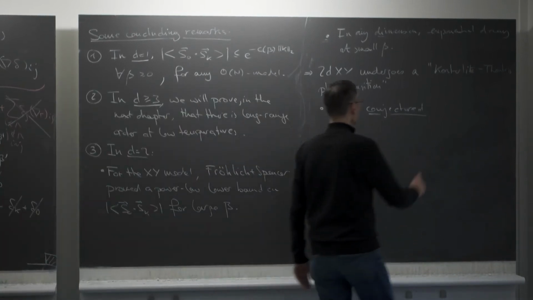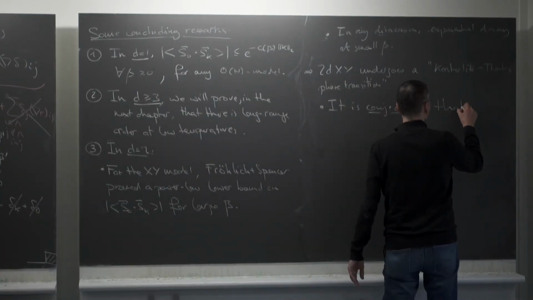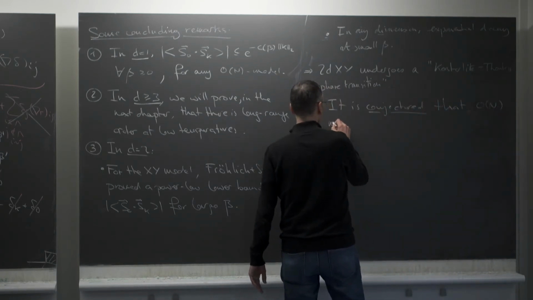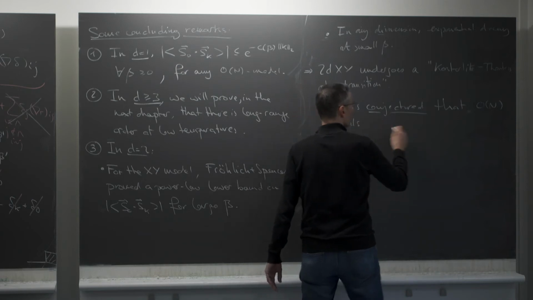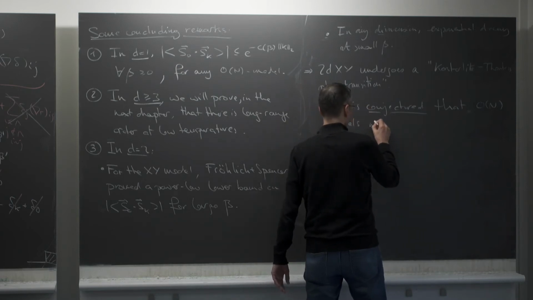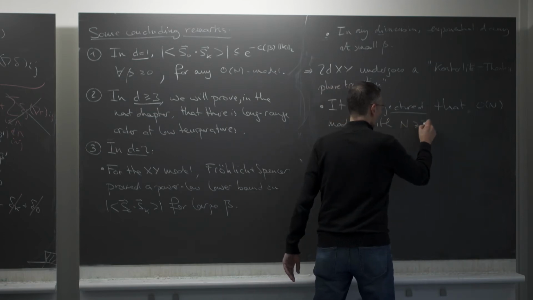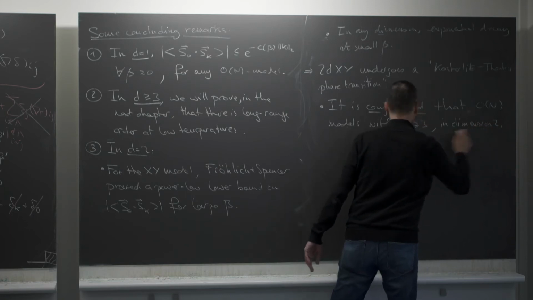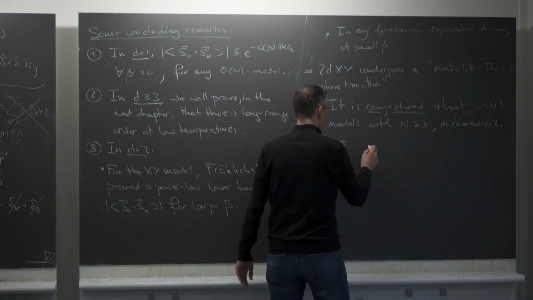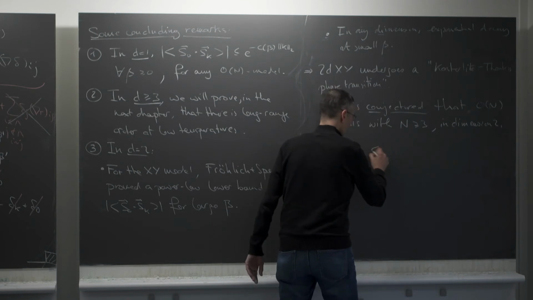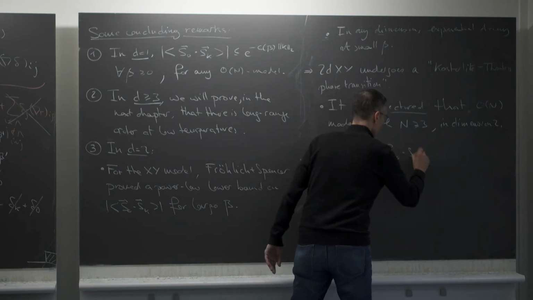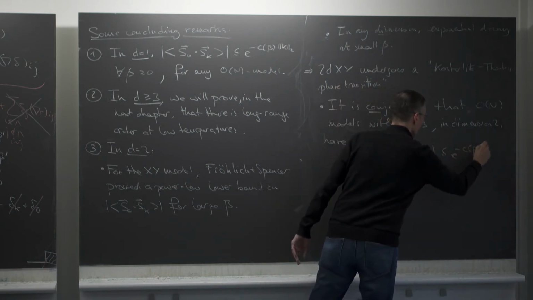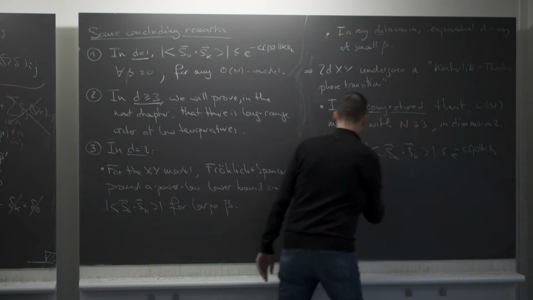So it is conjectured that O(n) models, say in 2 dimensions, so with n greater or equal to 3 in dimension 2, have, okay, let me just write it like that, the correlation smaller than e to the minus c of beta times k for any beta.